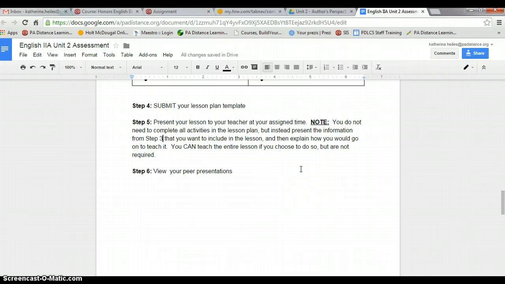You don't have to teach it. I just want you to be able to explain to me and to your peers, this is how I would teach it to somebody so that they can understand it too. And then your step 6 is that you're going to actually view each other's presentations and give a little constructive feedback on it.